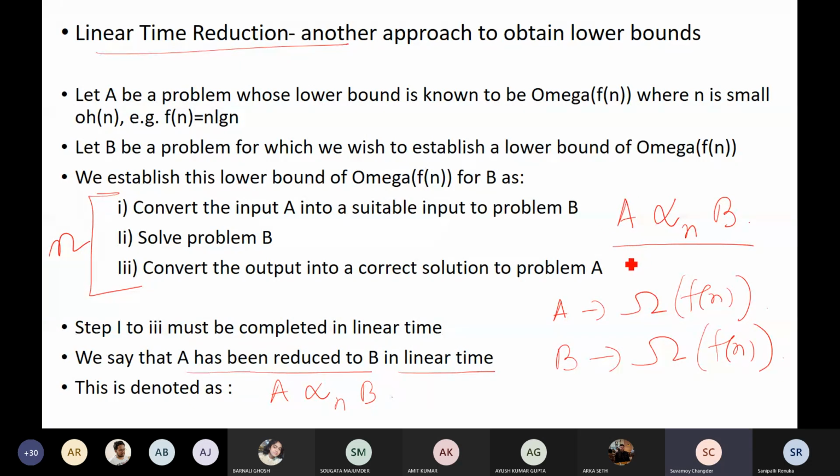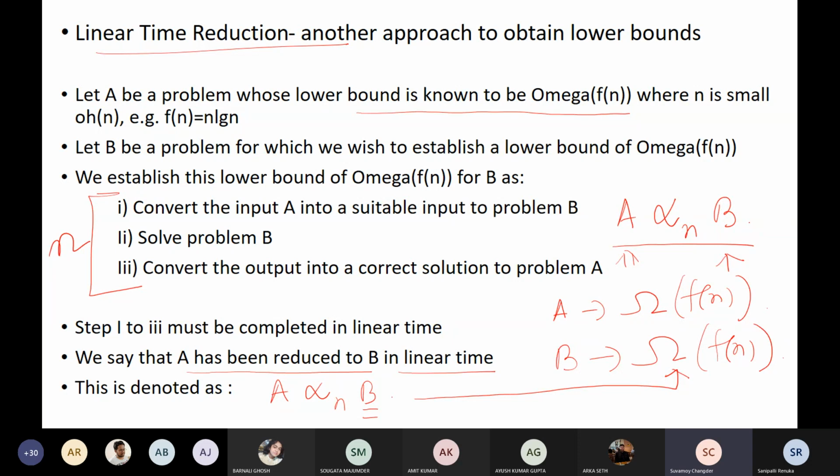If A is linearly reducible to B, and if the lower bound of A is known to us, which is given as big omega of f of n, then we can say that the lower bound of B is also omega of f of n, right? So in this way, we can apply the linear time reducible approach to find the lower bounds of some algorithms.